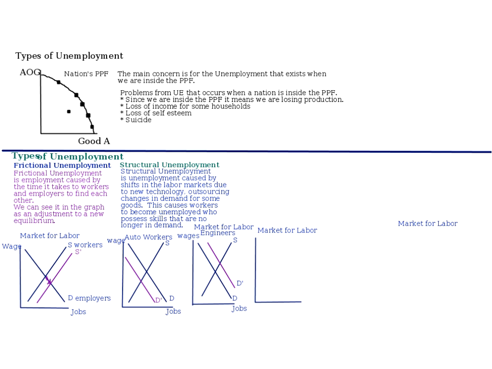Okay, so what about the last type of unemployment that we have? The last type of unemployment is what is called cyclical unemployment.